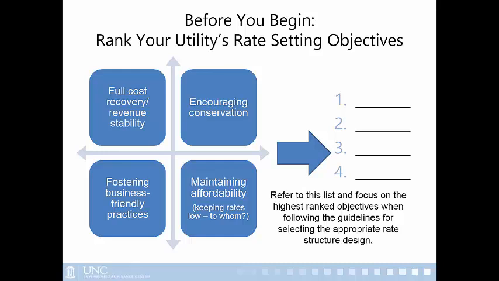I think the best way to answer that is to always go back to what your objectives are and always try to meet your first and second objectives first before you think about some of the other objectives that you have. So, always ask yourself, by changing the rate structure design the way that I'm proposing to do it, is it helping or hurting my highest priorities? And that way, you're not having to balance so many different objectives and finding it impossible to do everything with one rate structure design.